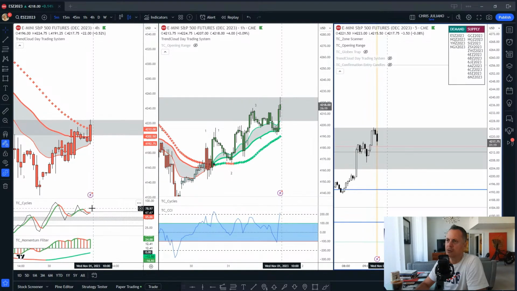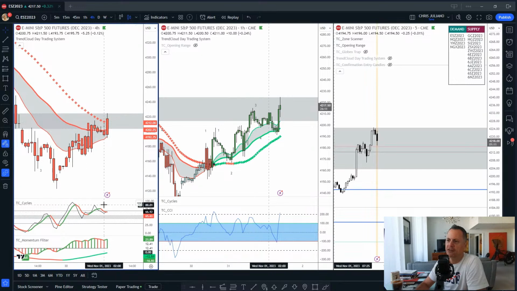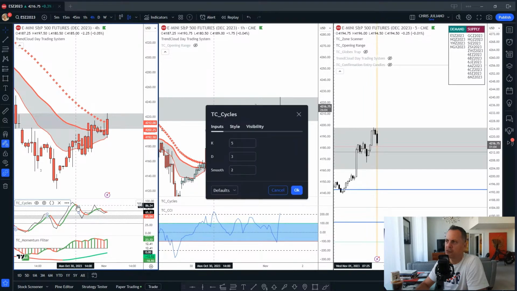Cycle indicator is above. It's staying above this area here, just sort of bouncing back and forth. The cycle indicator, which is a modified stochastic. Here's the numbers that we use for it: KND 532. That's what you want to use.